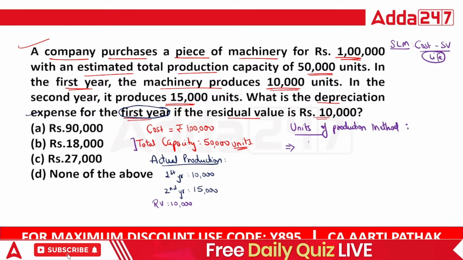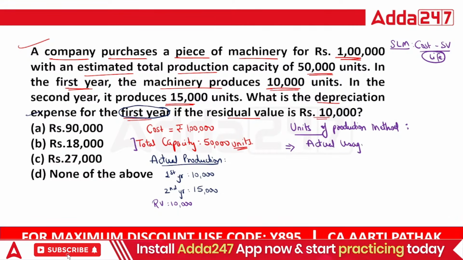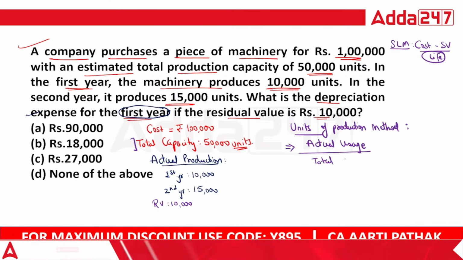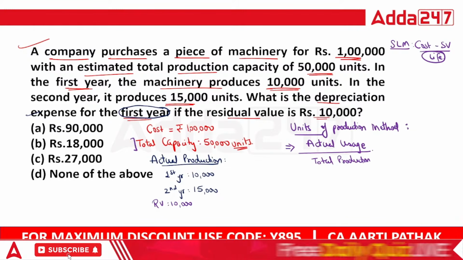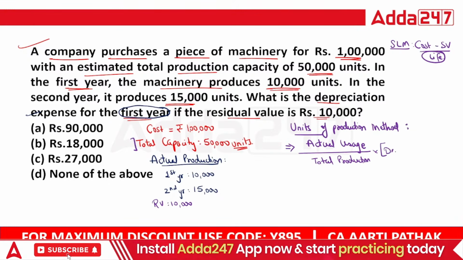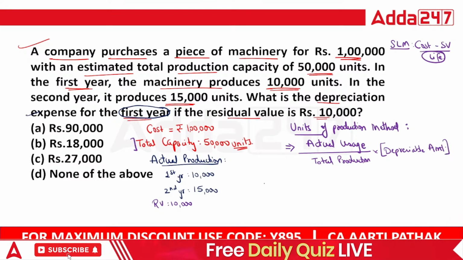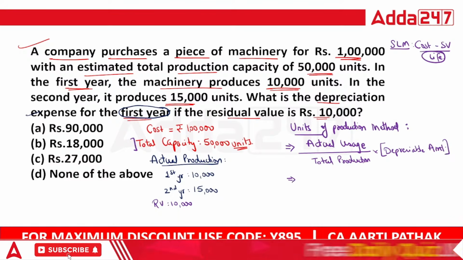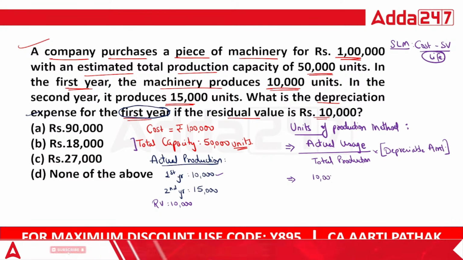So the formula is actual usage divided by total production into depreciable amount. So actual usage, first year only they are asking, so that is only 10,000, not 25,000, not 15,000.